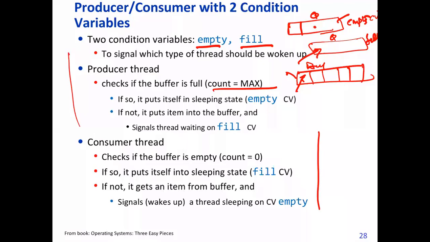Otherwise it will put the item into the buffer, and then signal that an item has been put into the buffer. If a thread was waiting because the buffer was empty, then it will now be informed that an item has been put into the buffer and it can consume it.